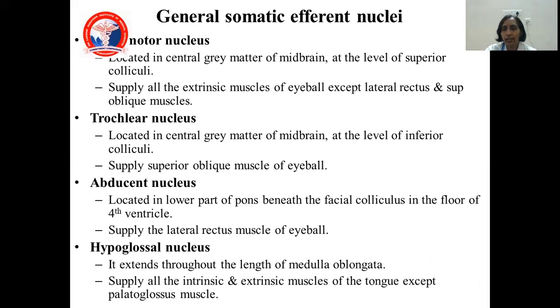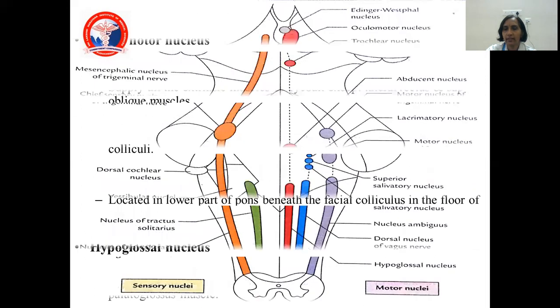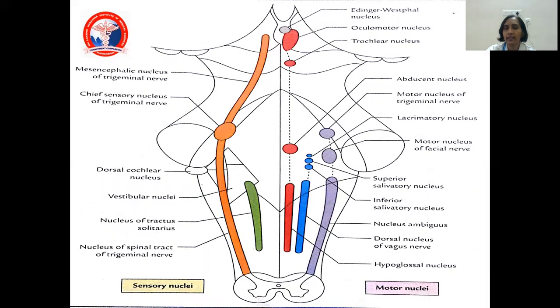The nuclei of each of these functional components, as we have already discussed with the help of diagram, are for general somatic efferent, the 3rd, 4th, 6th, and 12th nucleus, which we can see in this diagram right in the midline shown with the red color, followed by more laterally the nuclei with blue color, which are the superior salivatory nucleus and the inferior salivatory nucleus, followed by dorsal nucleus of vagus.